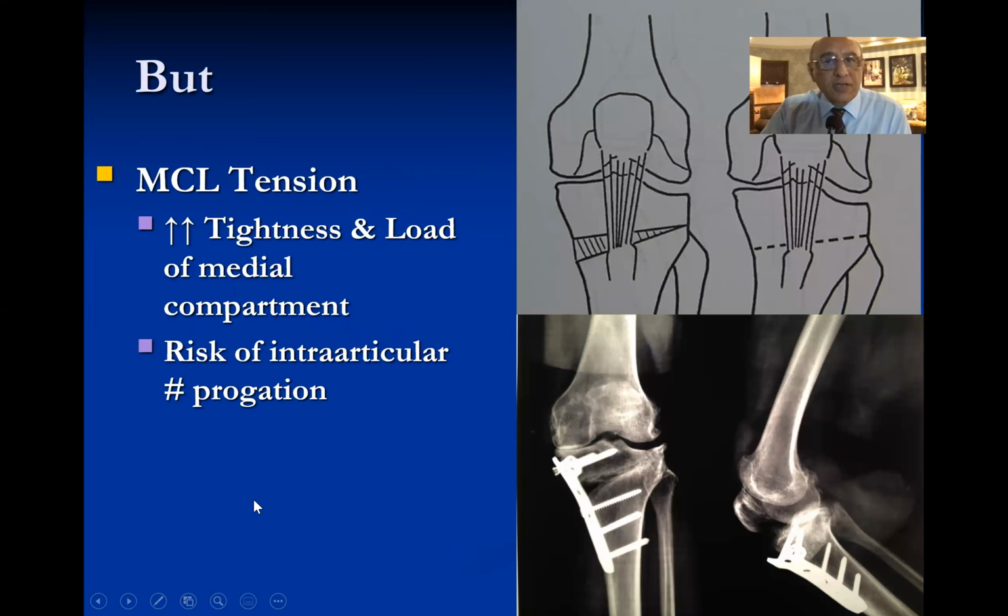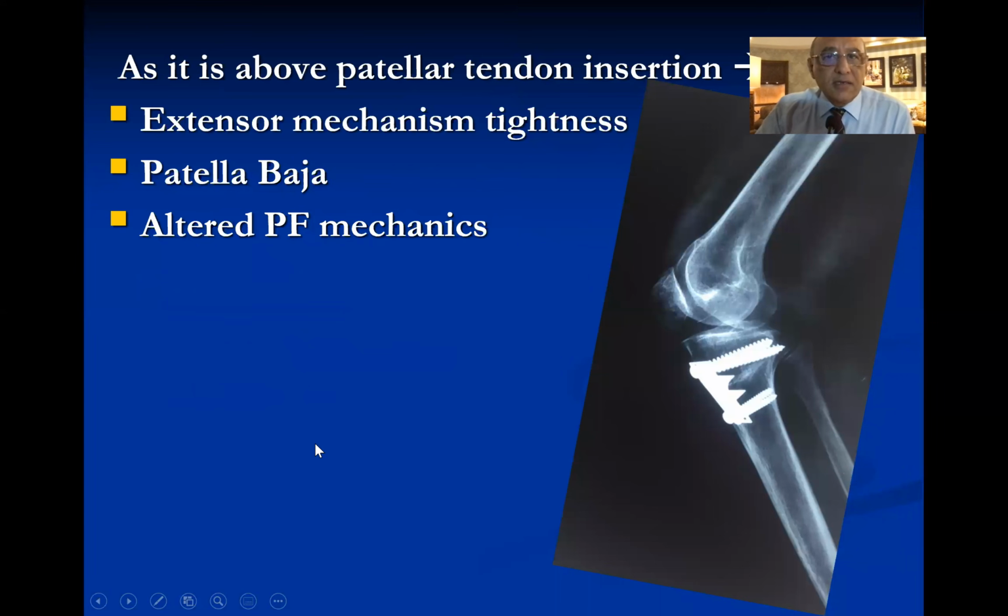But the medial collateral ligament tension increases the tightness and load of the medial compartment and might need to be released. And it risks intra-articular fracture propagation if the tightness is too much. The cut, because it is above the patellar tendon insertion, leads to extensor mechanism tightness with production of patella baja, or low patella, which alters the mechanics of the patellofemoral joint.